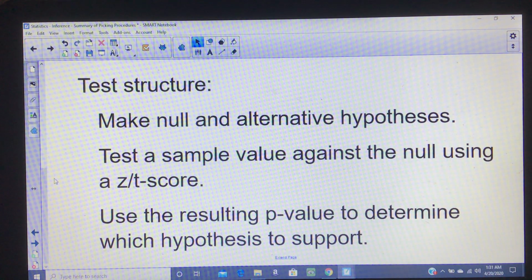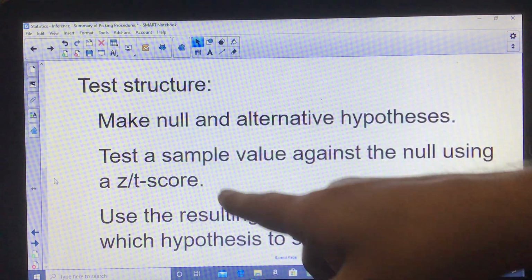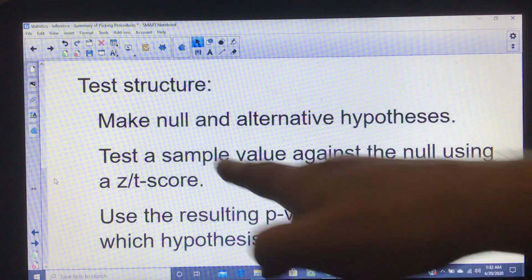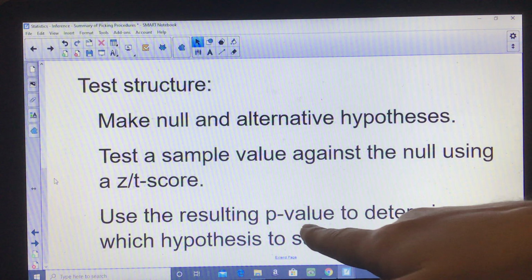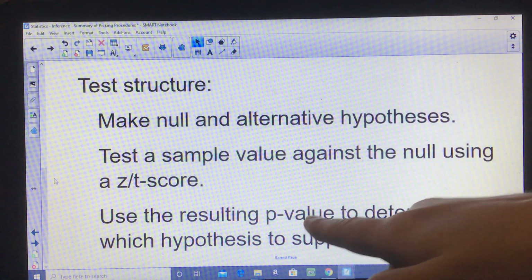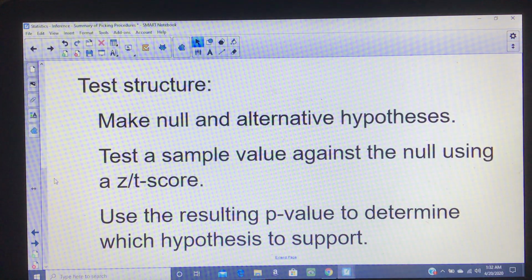A low p-value means that if the null is true, it's very unlikely for this sample to happen. So a low p-value is inconsistent with the null. A low p-value supports the alternative hypothesis. All right, so the test structure is always the same. You make the hypotheses, you get a t-score or z-score, then use that to get a p-value, and the p-value tells you whether you go along with the null or you reject the null.